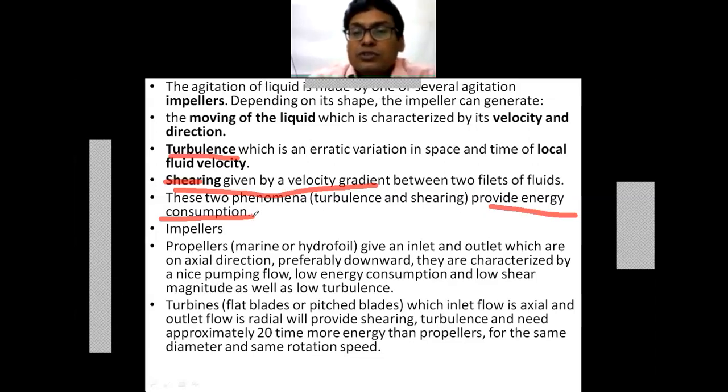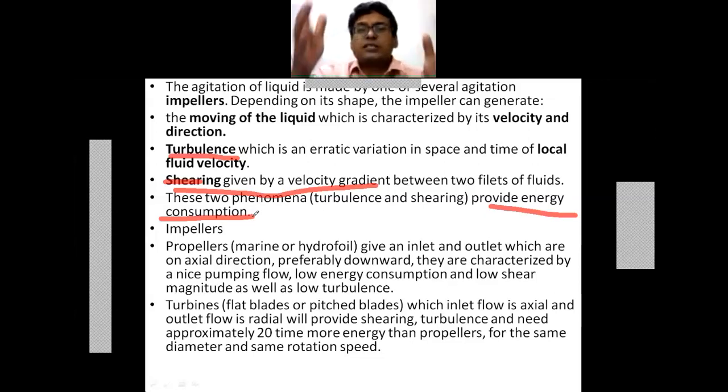Propellers give an inlet and outlet on the axial direction, preferably the downward direction. They are characterized by a nice pumping flow, low energy consumption, and low shear magnitude, as well as low turbulence. Now what are these impellers? These propellers provide the axial direction.